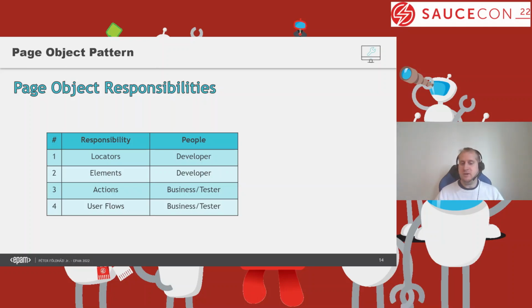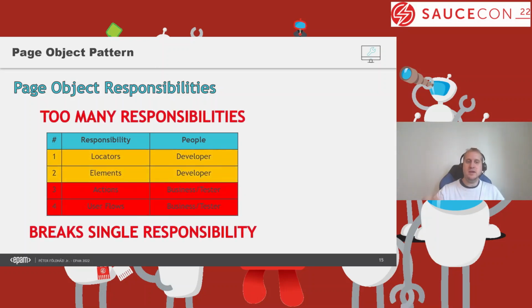But I believe in an ideal world, they should come directly from testers, and of course business analysts or product owners may have their impacts on it as well. So that still means there are two reasons for change. So there are at least two responsibilities for the page models.